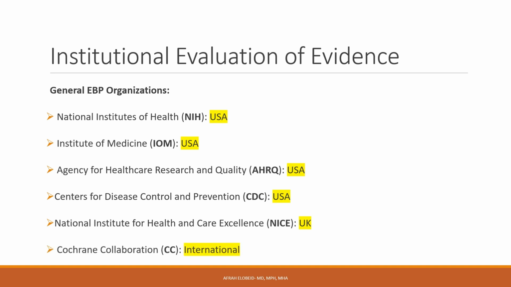We also have the Cochrane Collaboration, an international organization that produces and disseminates systematic reviews and meta-analyses. I think we mentioned that when we spoke about the best databases to look for evidence: if you are looking for meta-analyses or systematic reviews, the Cochrane database is the best place to look.